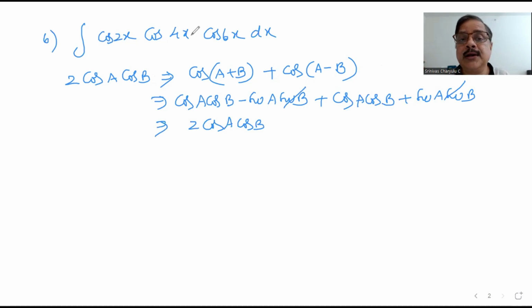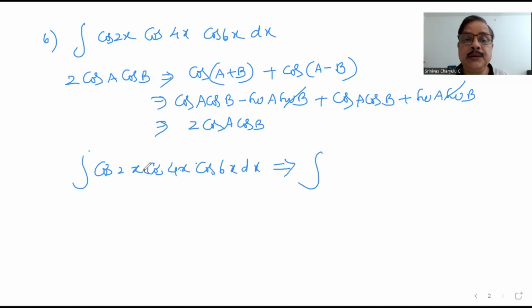Here, cos 2x cos 4x we will take right now, and then cos 6x. How will we write now? Since 2 cos A cos B is this one, cos A cos B is equal to the entire thing divided by 2. So you can write half outside. Cos of first A plus B, 2x plus 4x, 6x.